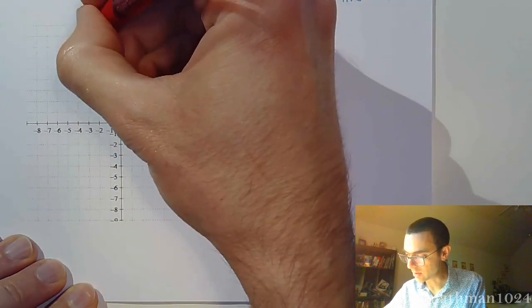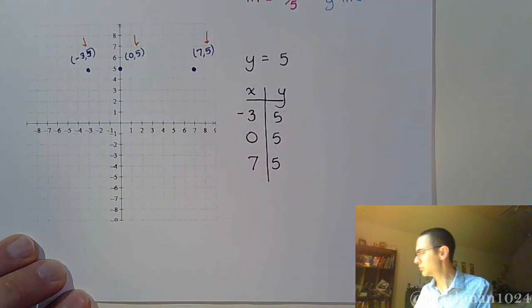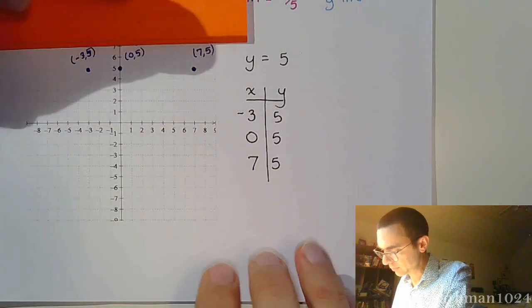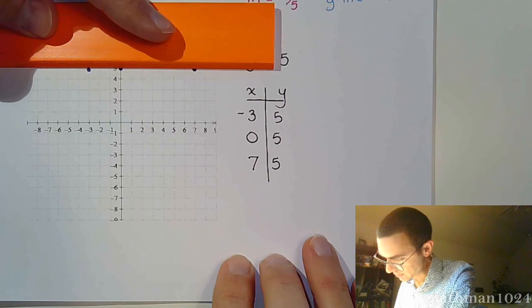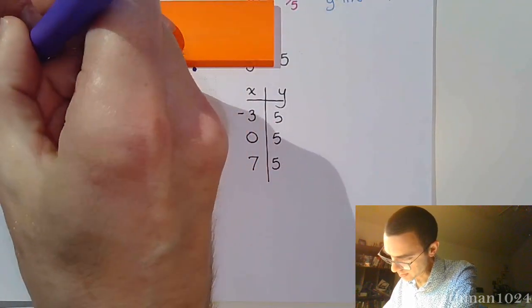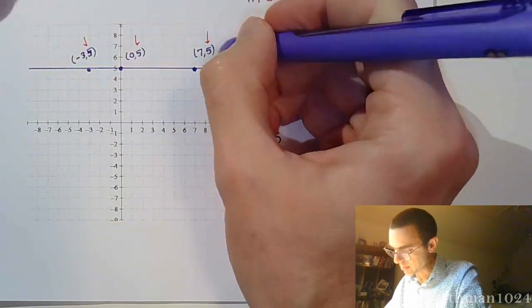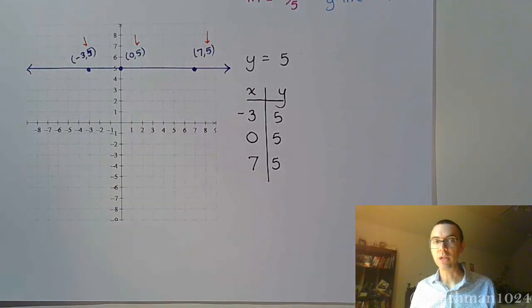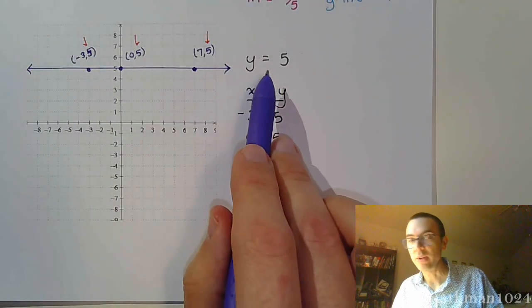Y is 5. And that's why we have a horizontal line. So every point that is on this horizontal line has a y value of 5.